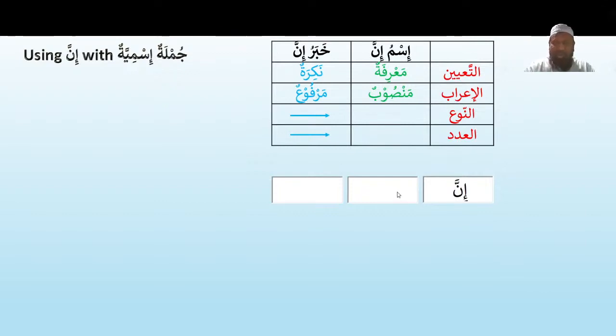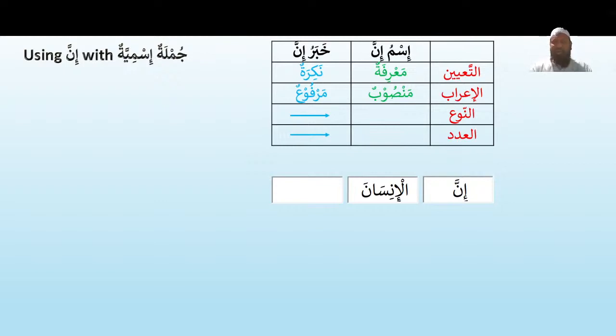And اسم inna is معرفة منصوب. So al-insan, which is معرفة, and the اعراب will be mansub. And what is the alamat of nasab, which is fatha.